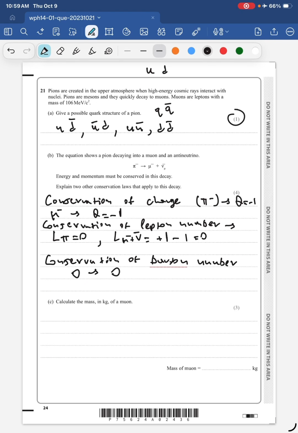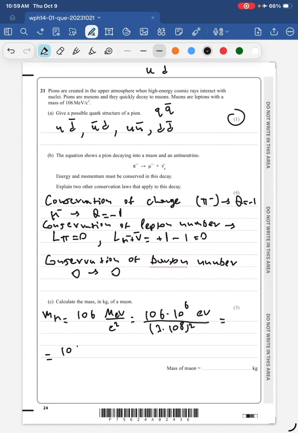Then question C, calculate the mass in kilograms of a muon. Okay, so we are given that the mass of the muon is 106 MeVs over c squared. So this is just a simple calculation. So we have 106 times 10 to the 6 eVs over c, and c is 3 times 10 to the 8, and the whole thing has to be squared.